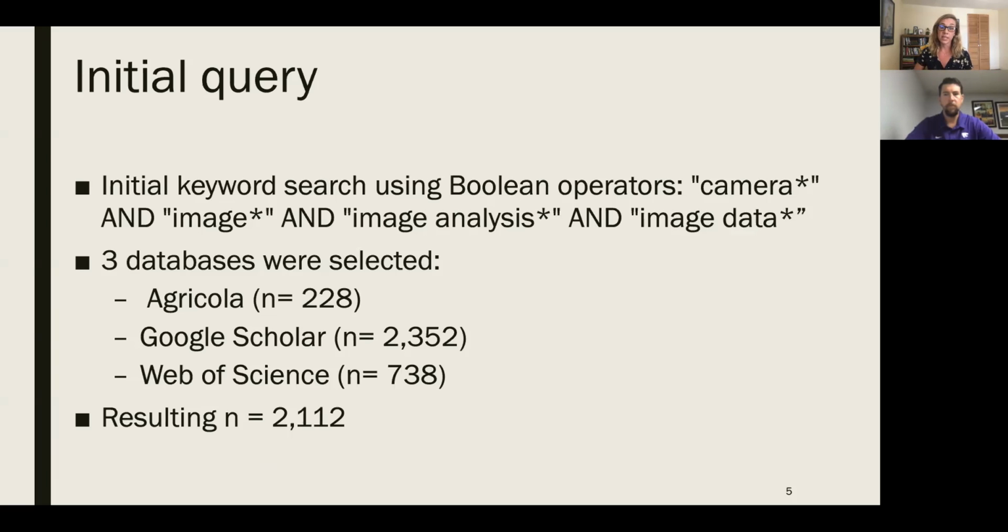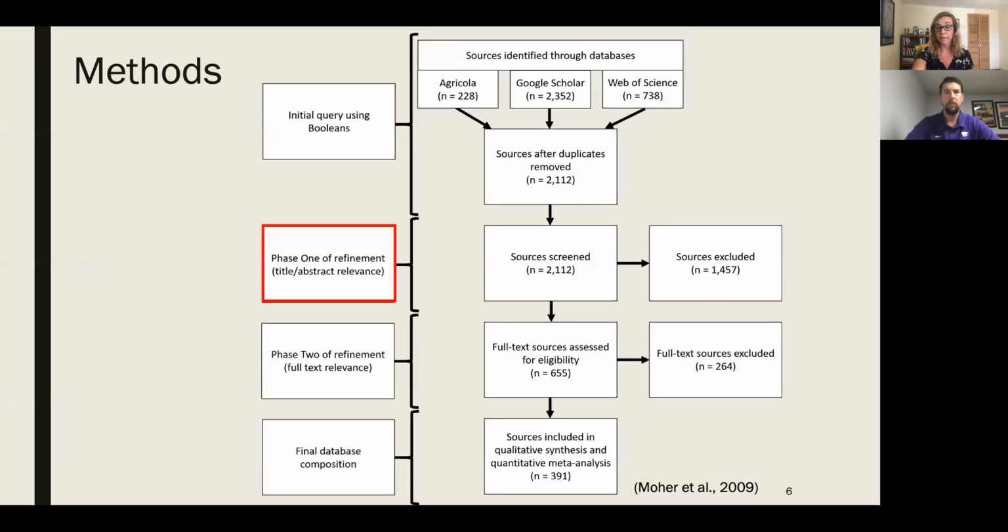And this was a broad database search, and then we pared it down and purposefully chose the 3 databases that you see on the screen here. And we did this to catch a breadth of sources, all the way from peer-reviewed journals to theses and dissertations to technical reports and management reports. So we resulted in this stage with over 2,000 documents, so clearly we needed some more refinement there.